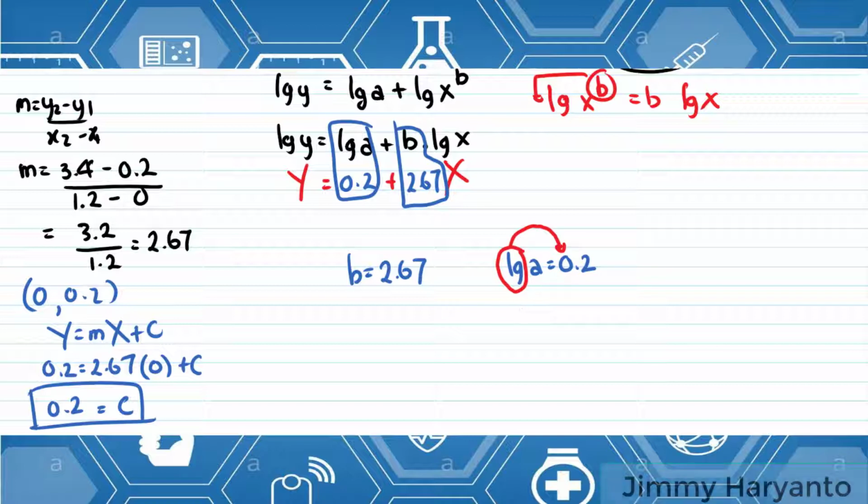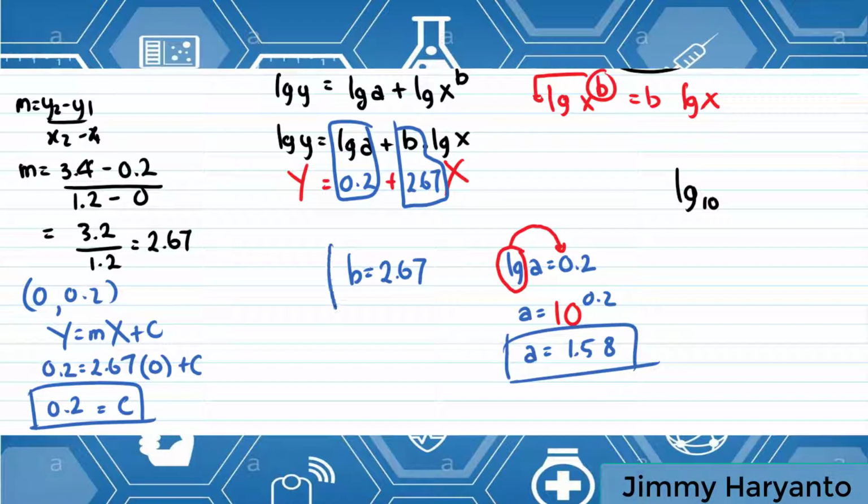When I move lg, it means the base of 10. So a equals 10 to the power of 0.2. Then use your calculator to calculate 10 to the power of 0.2. It will become 1.58, guys. There you go. I have a and b.